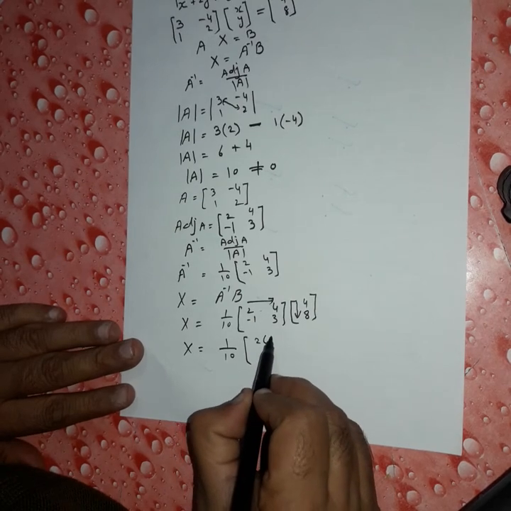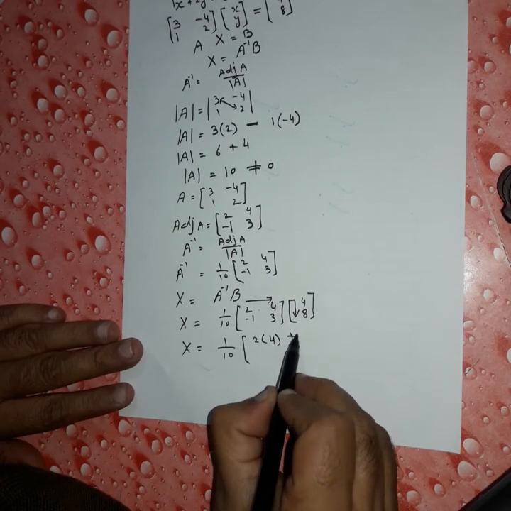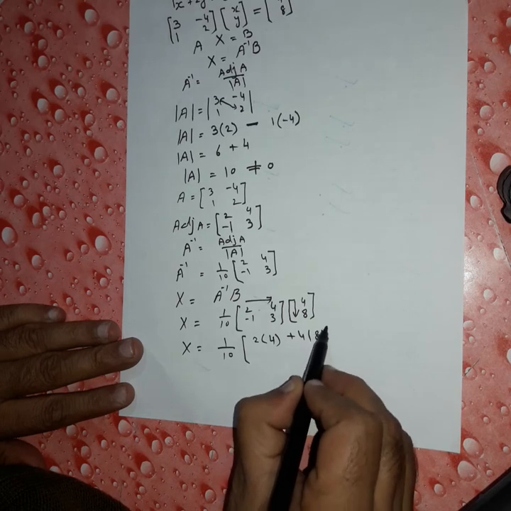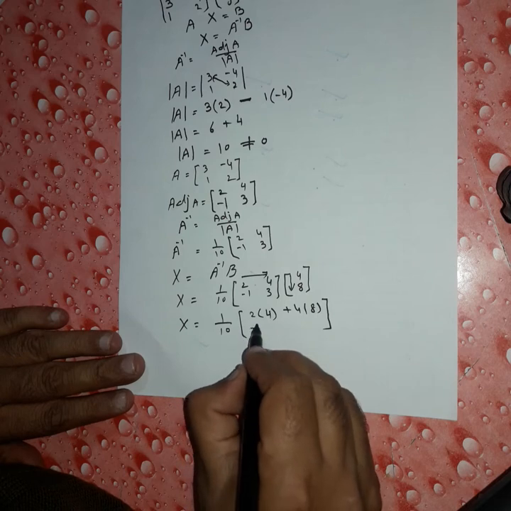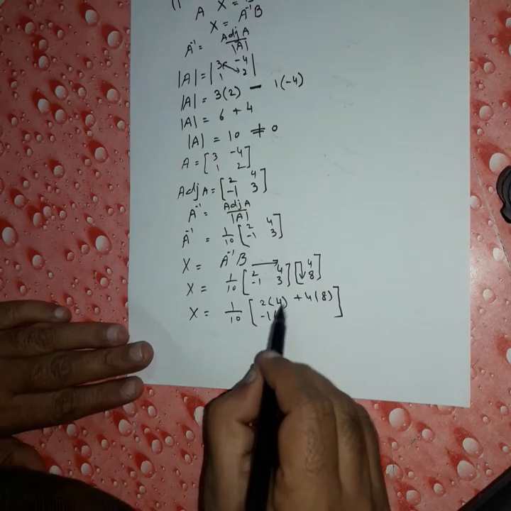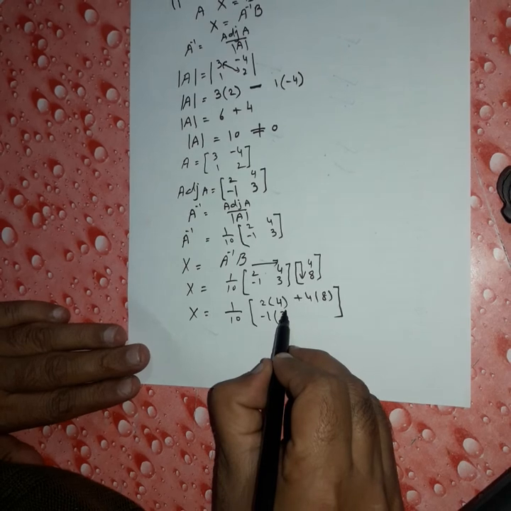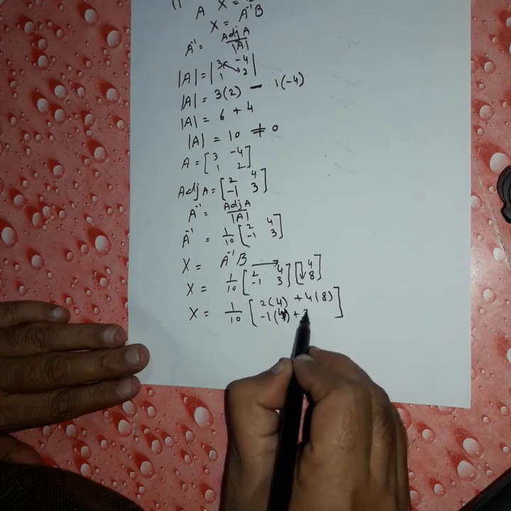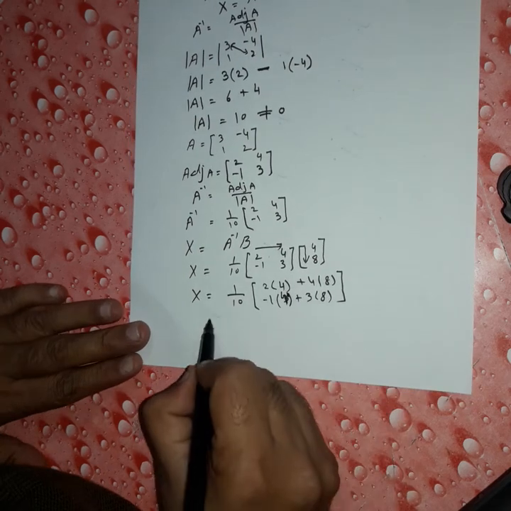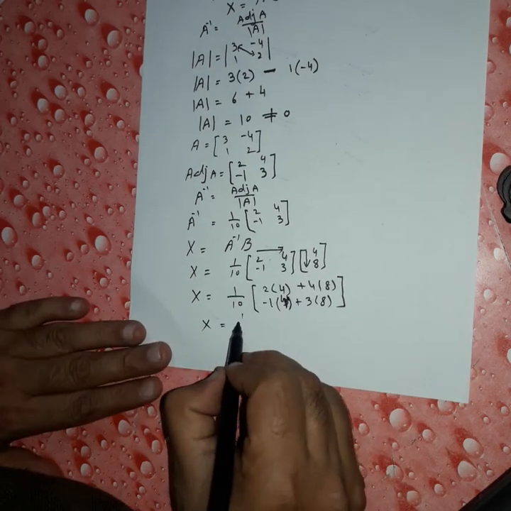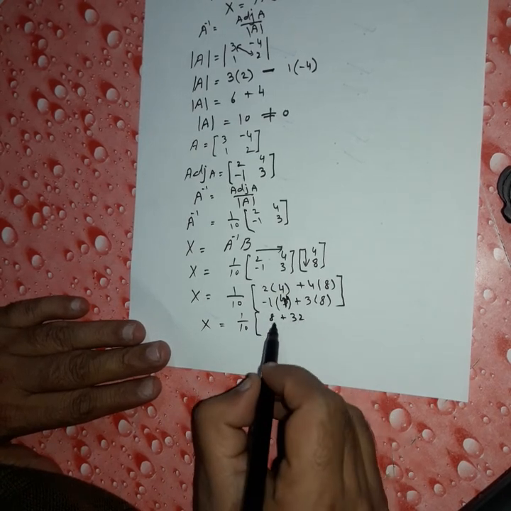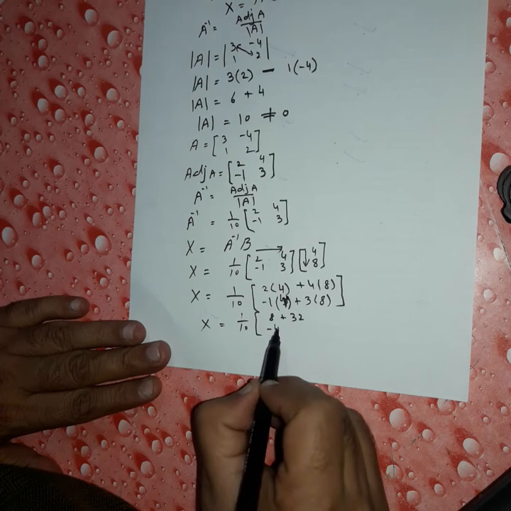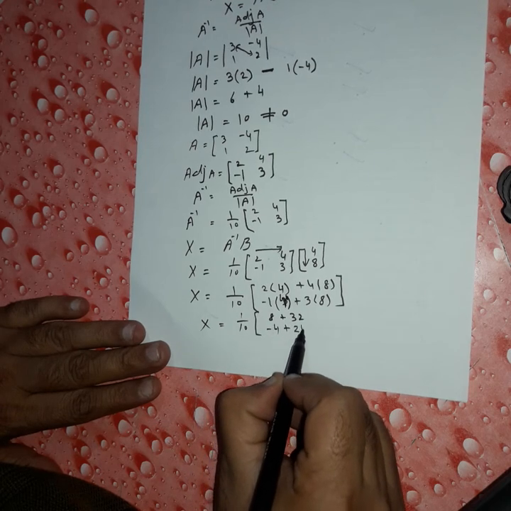So 2 multiplied by 4 and 4 multiplied by 8, and the second row is minus 1 and 3, so minus 1 multiplied by 4 and 3 multiplied by 8. X is equal to 1 over 10. 2 4s are 8, 4 8s are 32. Minus 1 multiplied by 4 is minus 4. 3 8s are 24.